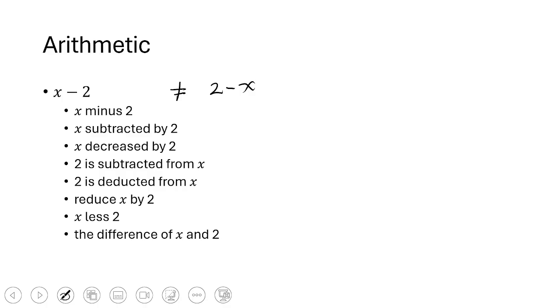So of course, x minus 2, that's the way that we would read this expression. We can also read that as x subtracted by 2, x decreased by 2. Now, this is the important part. We say 2 is subtracted from x, or 2 is deducted from x.